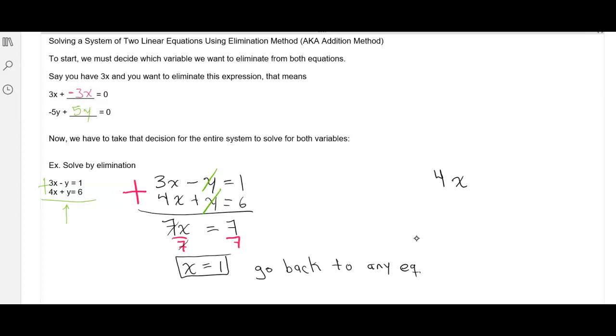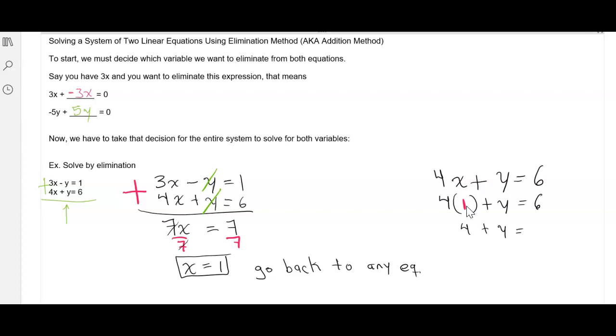Oh sorry, I said first one and I'm copying the second one. It doesn't matter, it should give us the same answer. 4 times, I got the value for x, and the value that we got for x is equal to 1.